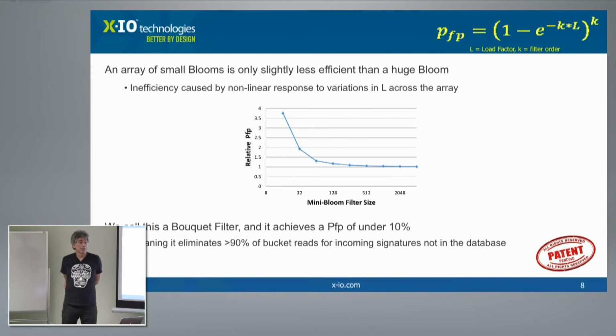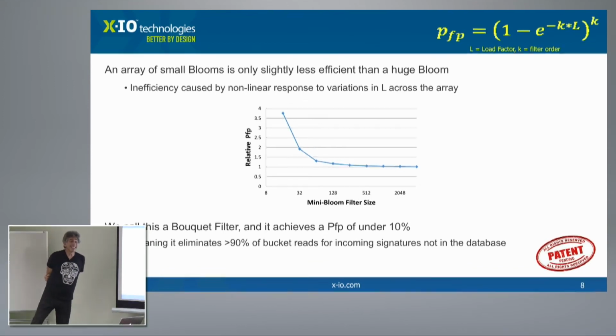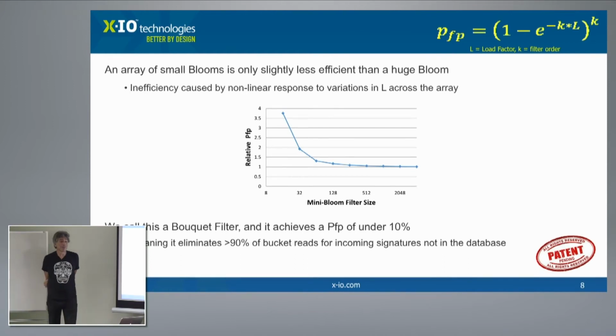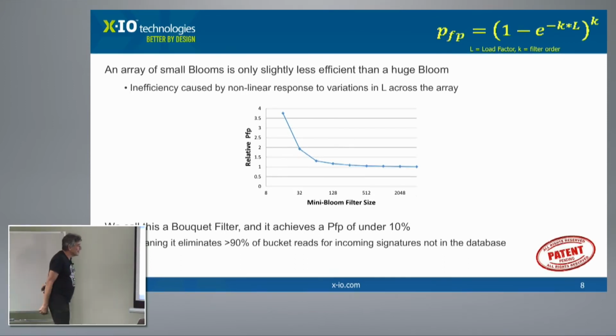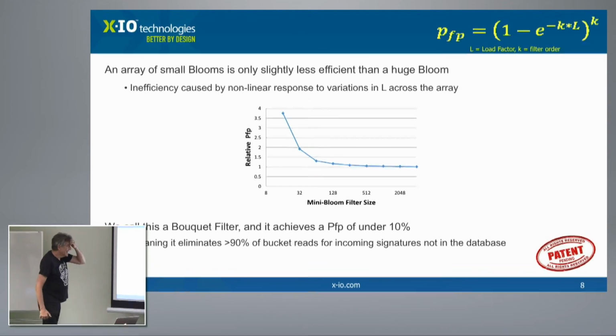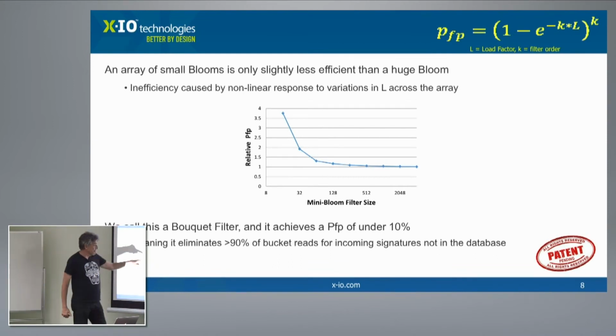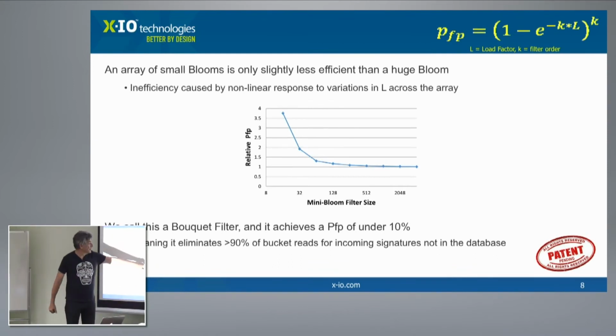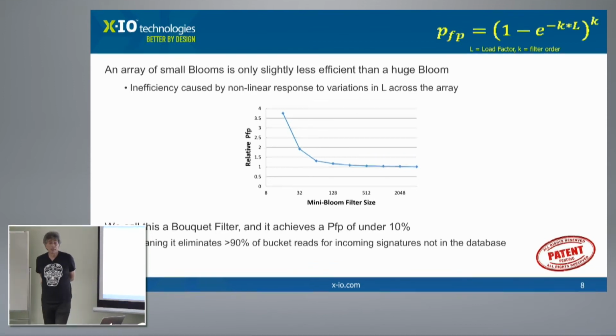It depends on what you mean by very small, right? In fact, I couldn't find anything in the literature about this, so I wrote a simulator, okay? And what the simulator showed, and I made up this curve for the purposes of this presentation, so don't take it literally, right? Is that you very quickly get down to the baseline efficiency of a huge bloom filter.